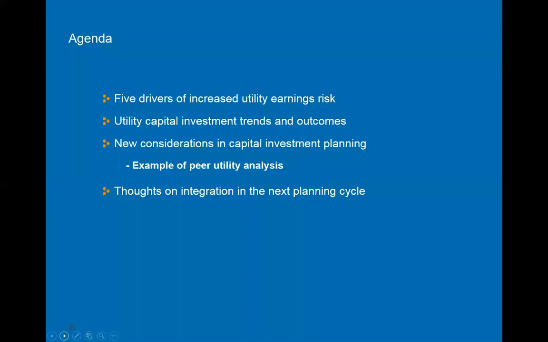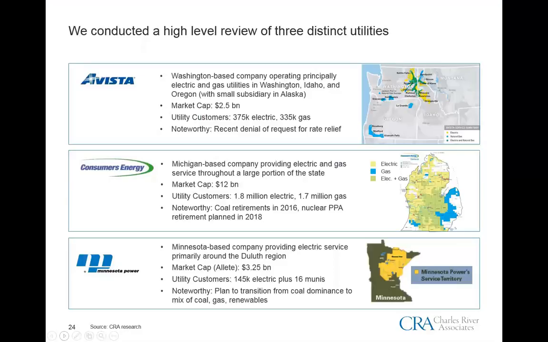So with that as the background, we'll step through an example of a peer utility analysis that tries to put some of those high-level talking points into practice, and at least points out the types of information that you can look at and the types of analysis that can be done. So we conducted a very high-level comparative study that's intended to proxy a peer study, but rather than focus on one particular utility or set of utilities that we've looked at in a specific region, we've selected 3 distinct utilities to make it easy to compare some major trends and observations, rather than a set of specific peers.